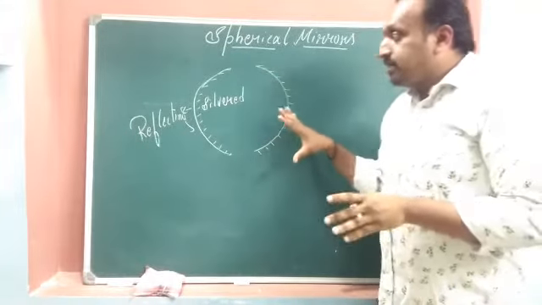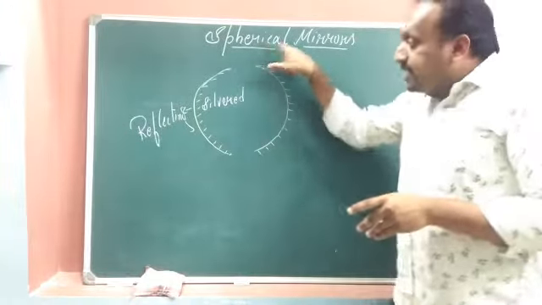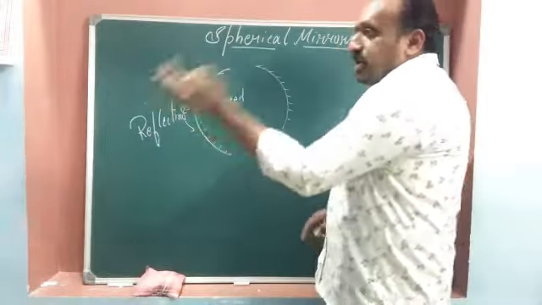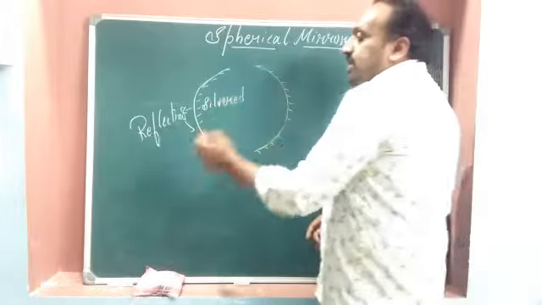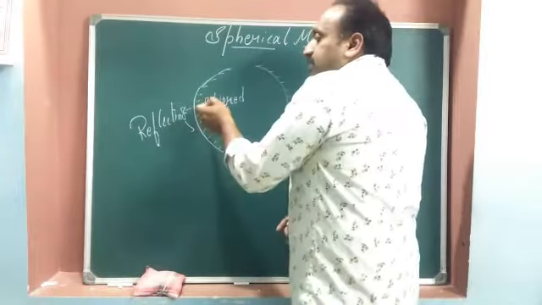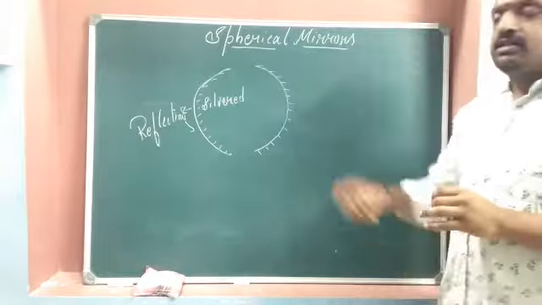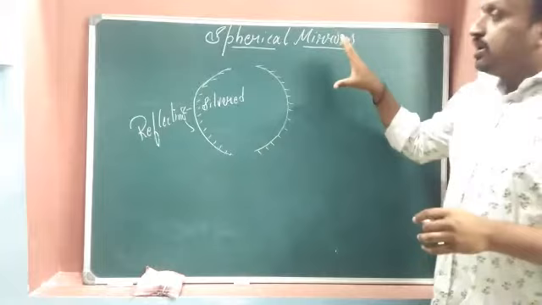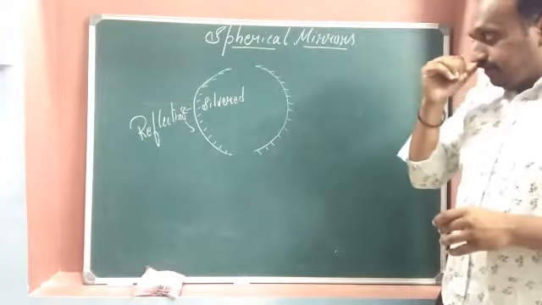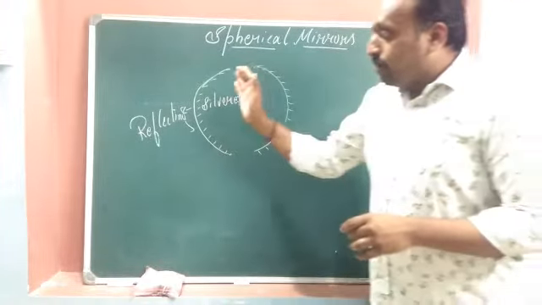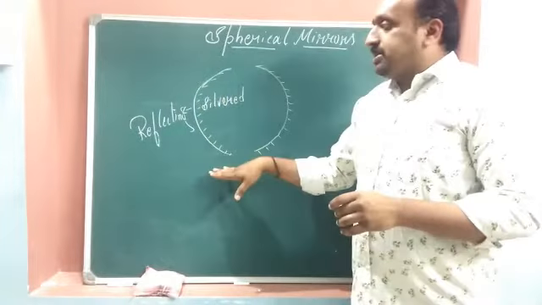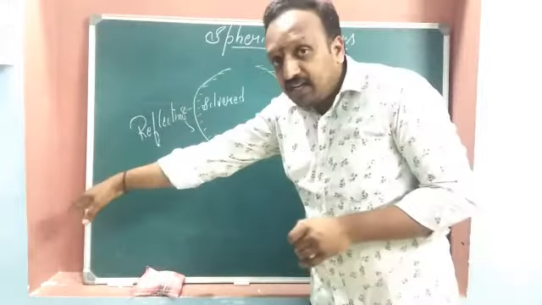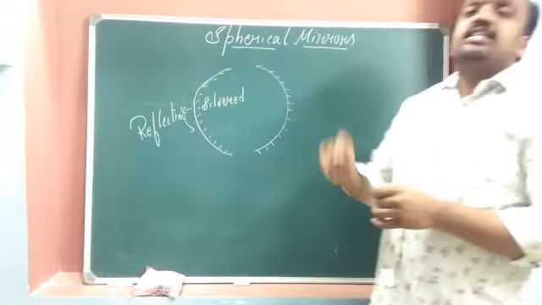So let me say one more time. A spherical mirror will be curved in shape. It consists of two surfaces. One is a reflecting surface, another one is the silver surface. The ray of light reflects on the reflecting surface. Here, if you observe, one spherical mirror has the reflecting surface outside, whereas the silver surface is inside.